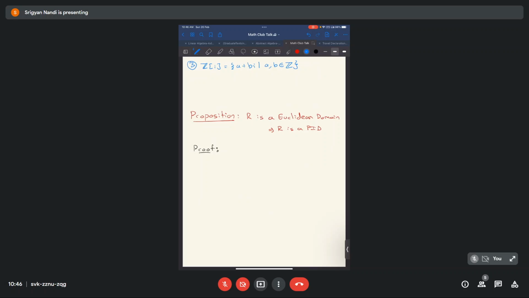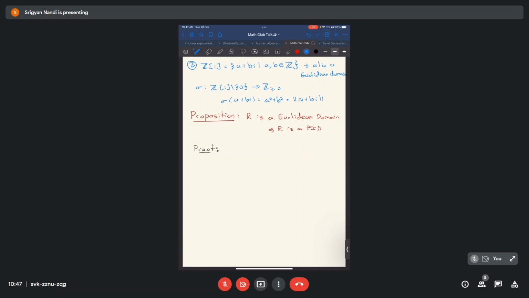So we can see that the Gaussian integers also form a Euclidean domain. Here the size function goes from the non-zero elements of the Gaussian integers to the non-negative integers, and is given by sigma of a plus bi equal to a squared plus b squared, which is basically nothing but the modulus squared of a plus bi.